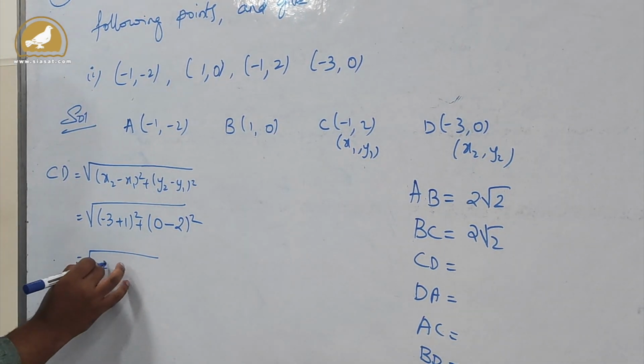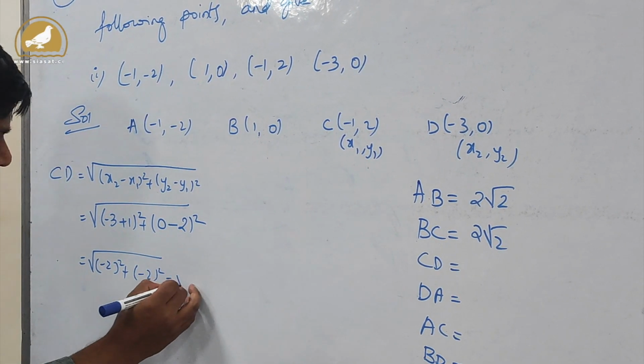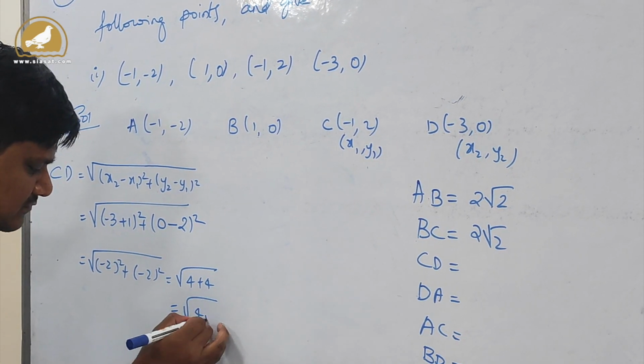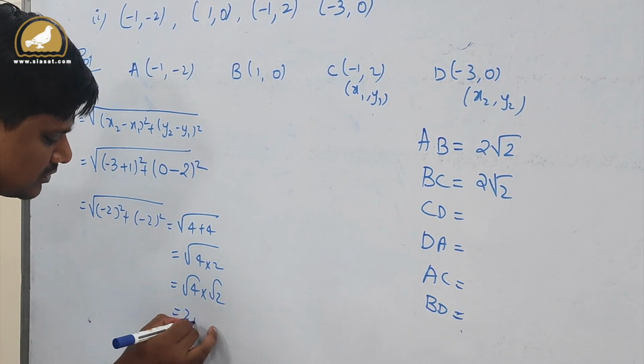So -3 plus 1 is -2 square, and 0 minus 2 is -2 square. This is nothing but 4 plus 4. This can be written as 4 into 2, root 4 into root 2. This is 2 root 2.